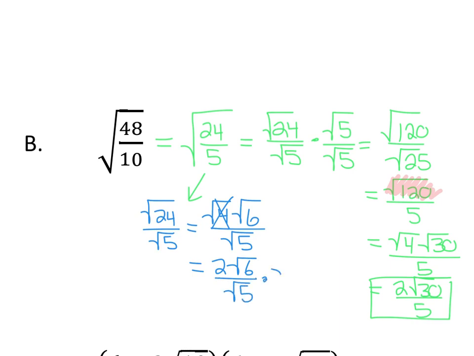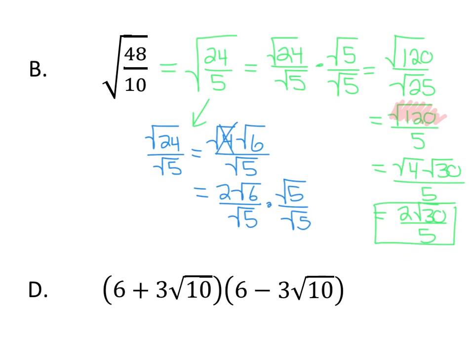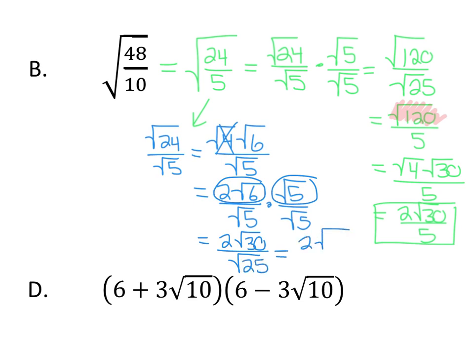I still have to multiply top and bottom by the square root of 5 because I still have to rationalize that denominator. So 2 square roots of 6 times the square root of 5 is 2 square roots of 30, over square root of 5 times square root of 5, which is the square root of 25. This ends up equaling 2 root 30 over 5.